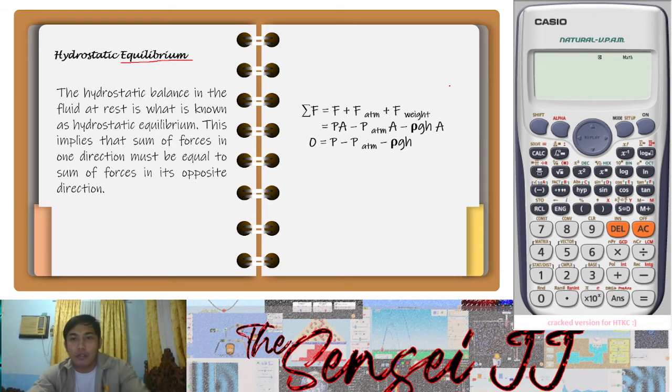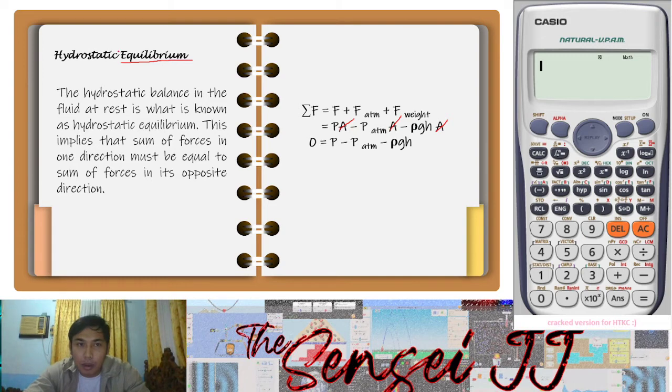We have canceled the area, since they are in the same location, having the same areas, that's why we cancel the area. So sir, why is it that we have the same areas?